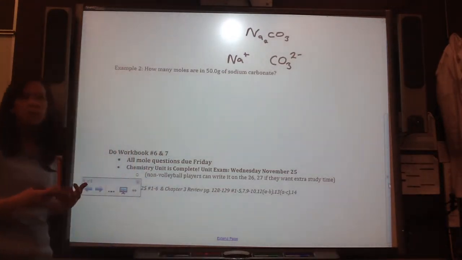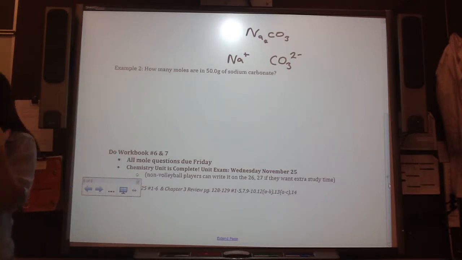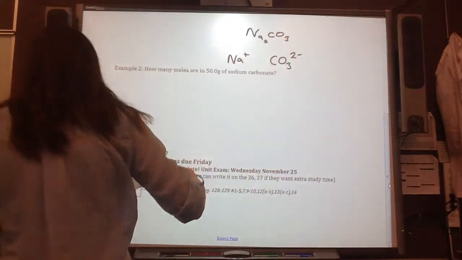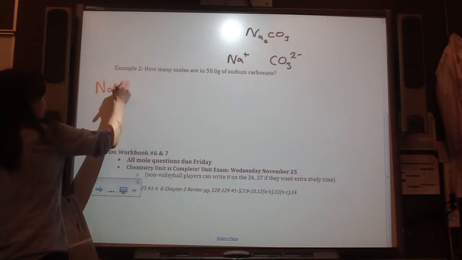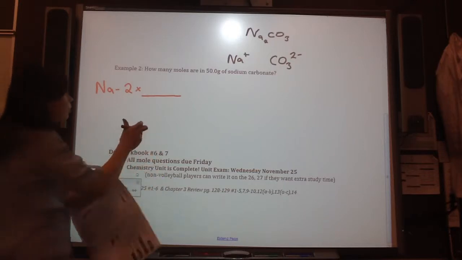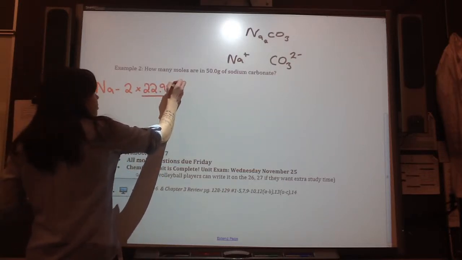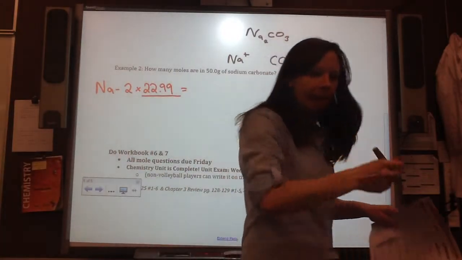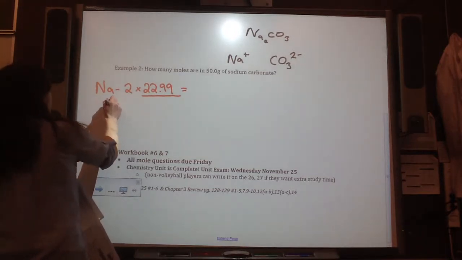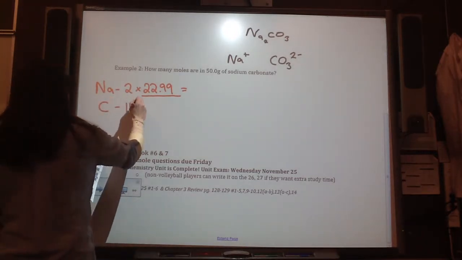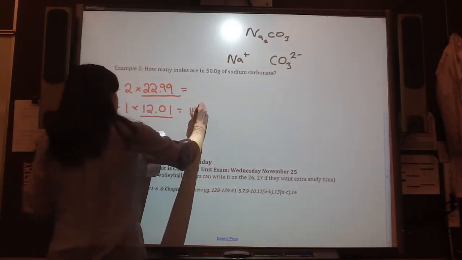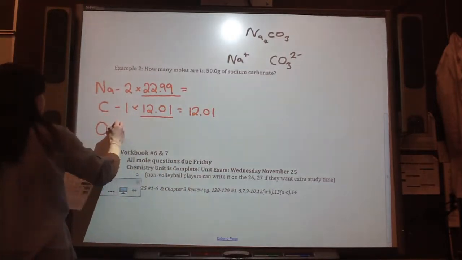So now you can find your molar mass first, right? Once you figure out what compound you're using, you find your molar mass. So for my sodiums, I have 2 of them, and sodium is 22.99 grams per mole. And I have 1 carbon. And I have 3 oxygens.